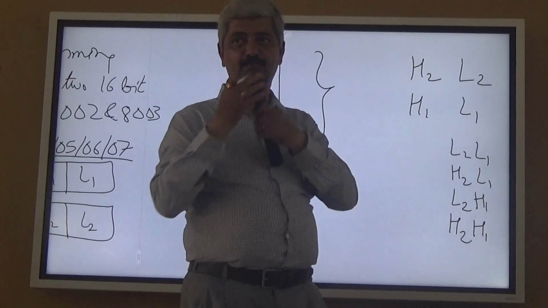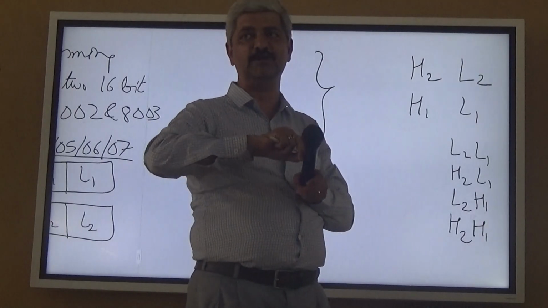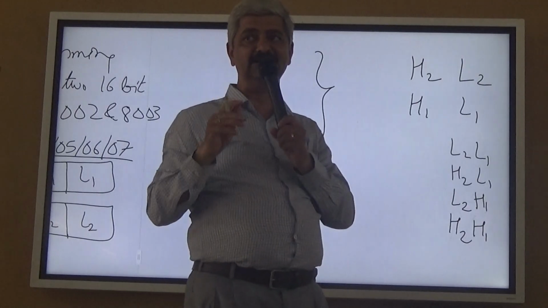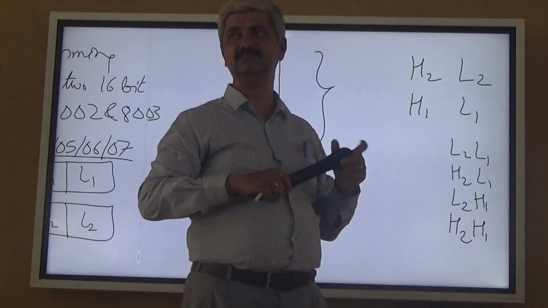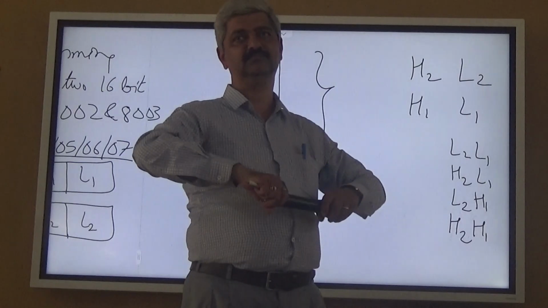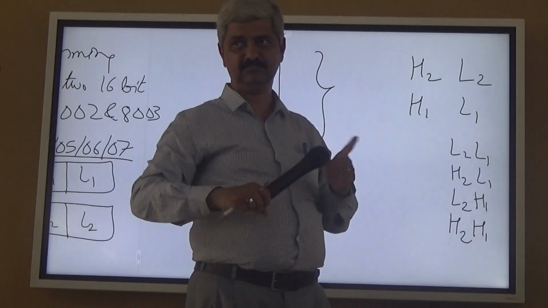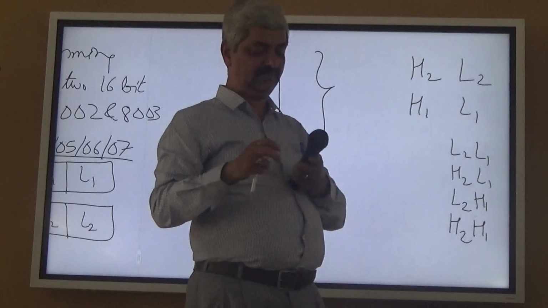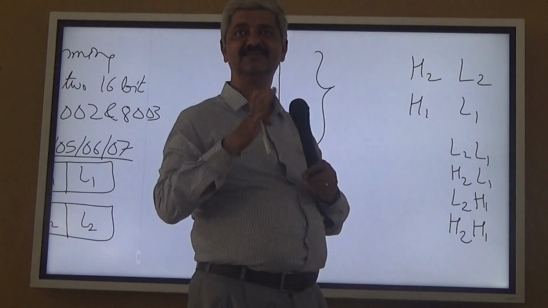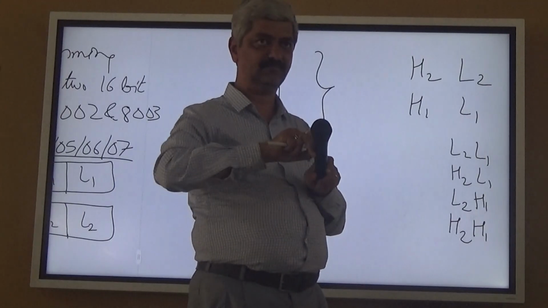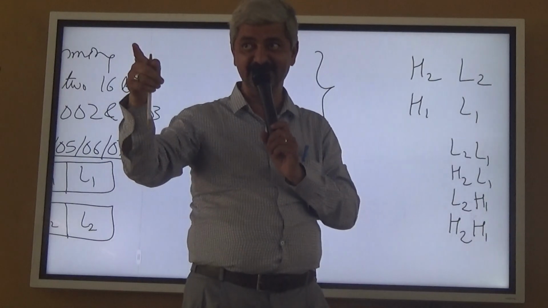There are 4 partial products, each of 16 bits, and you have to produce the final 32-bit answer. How will you do that? How? Shifting.